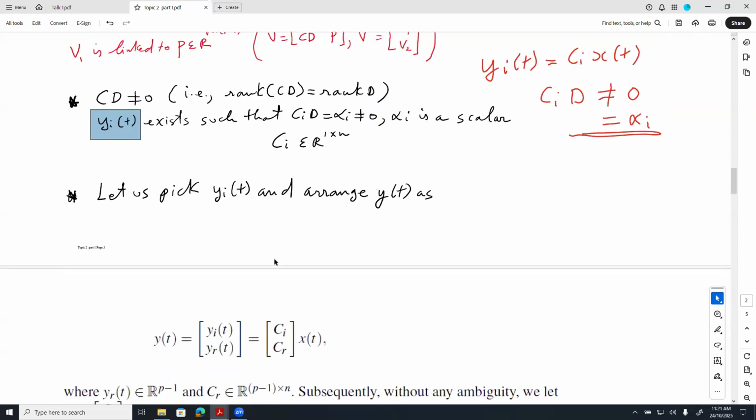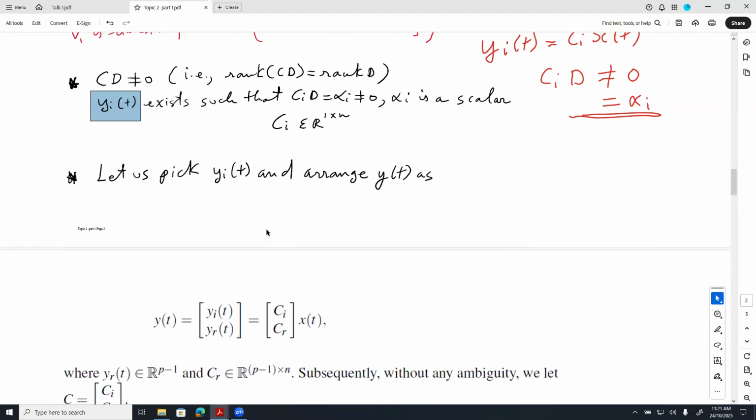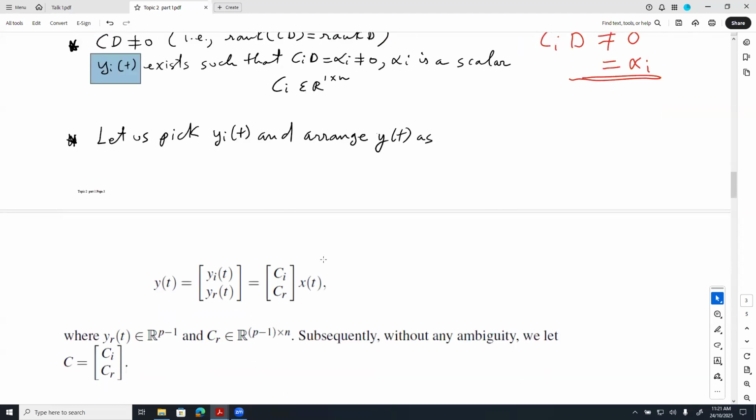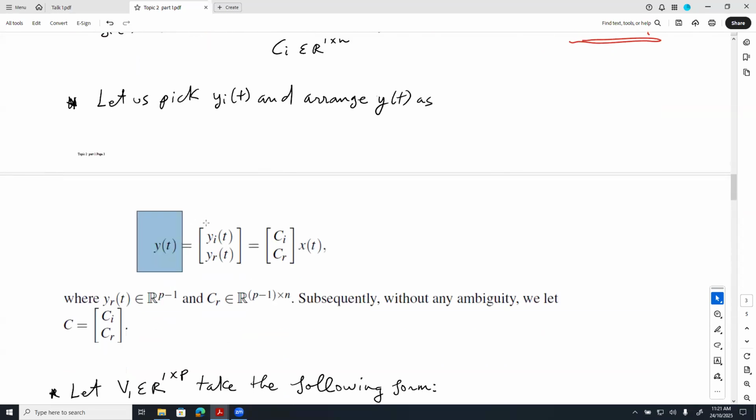Then what we do next is we rearrange the output vector according to the following. We make that output yi into the first row of this vector, and the rest of the output measurements, which is p minus 1, we put down in here.